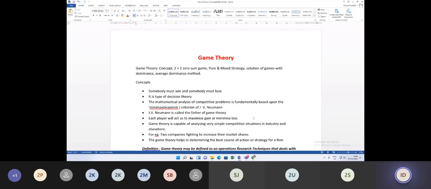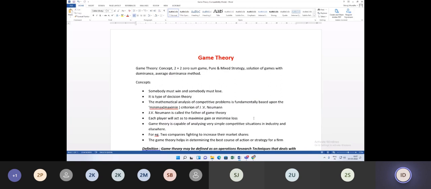As I said, in a game, somebody must win and somebody must lose. Otherwise, we cannot say it is a game. In a game, there is no single party. Always there are at least two parties, or more than two. Party means player.